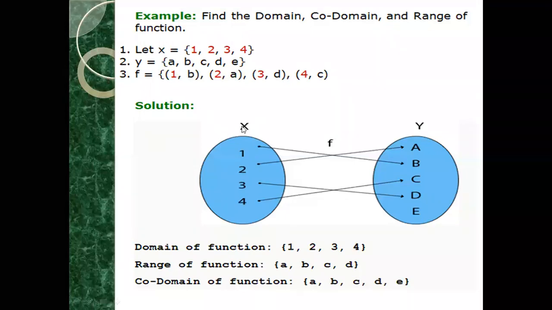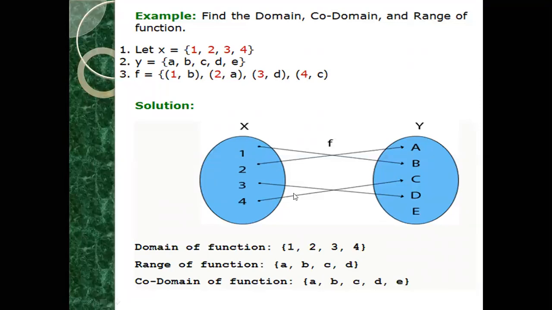X has elements 1, 2, 3, 4 and Y has elements A, B, C, D, E. There is a mapping from 1 to B, 2 to A, 3 to D, 4 to C.